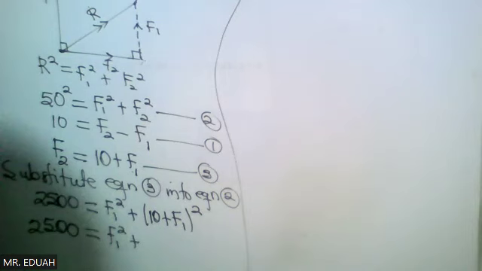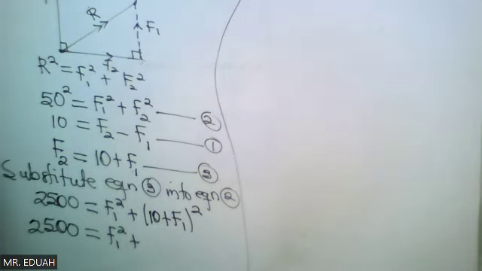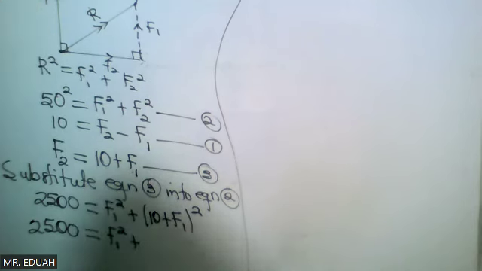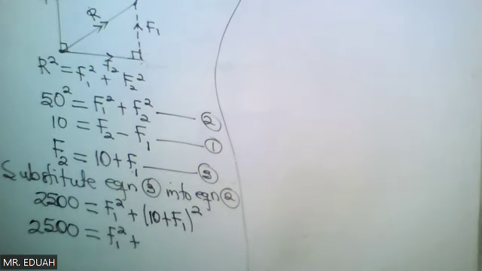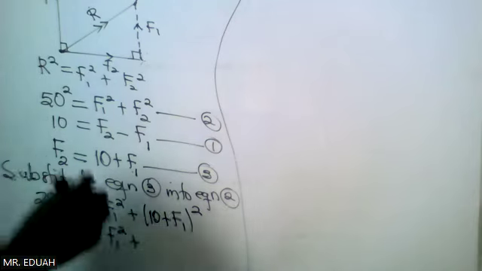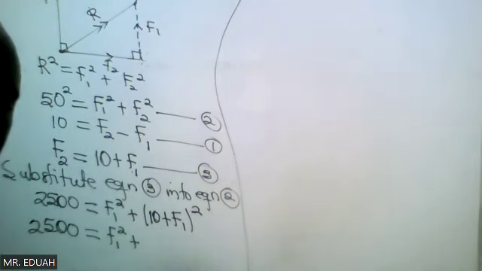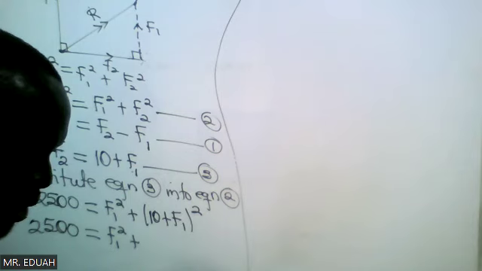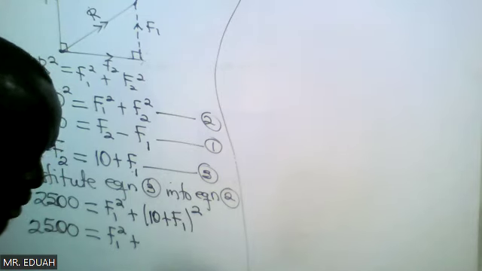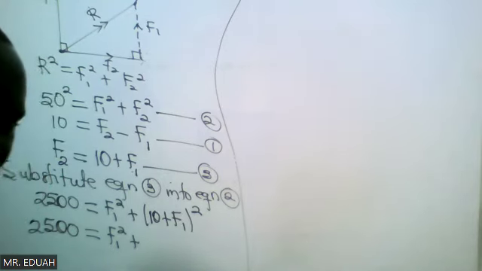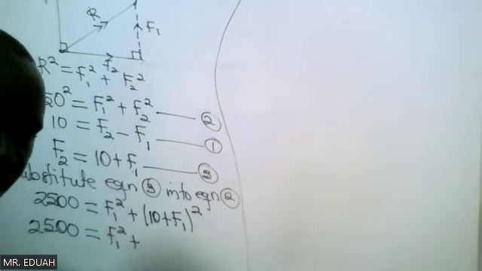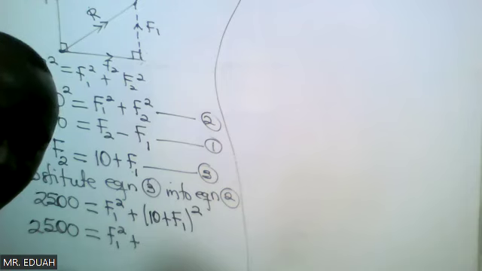Somebody to help me expand what is within the bracket: 10 plus F1. You get 100 plus 20 F1 plus F1 squared.